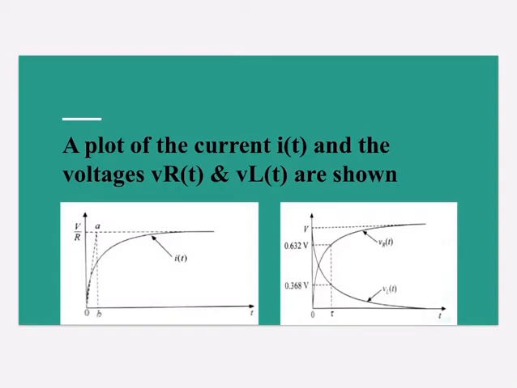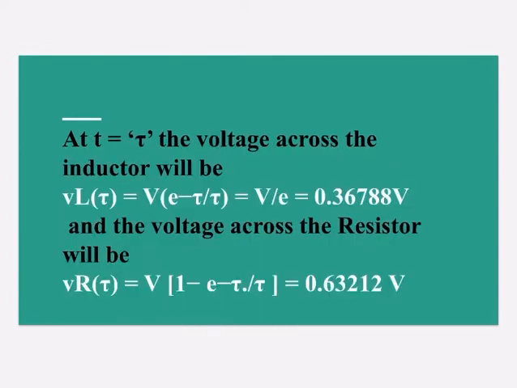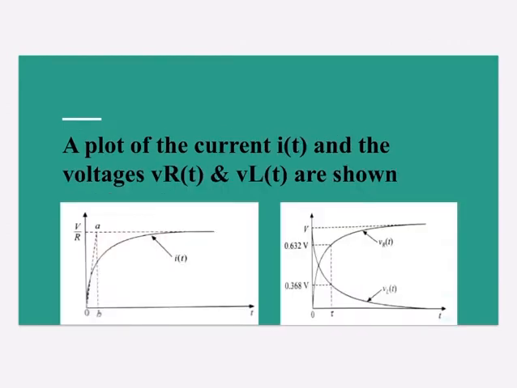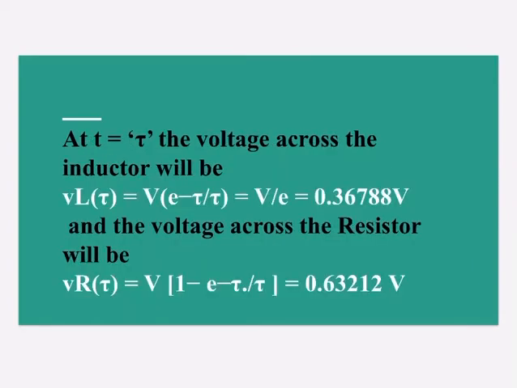At t equal to tau, the voltage across the inductor will be as given in this equation, and the voltage across the resistor will be given in this equation. By calculating here in the plot, we have these equations.